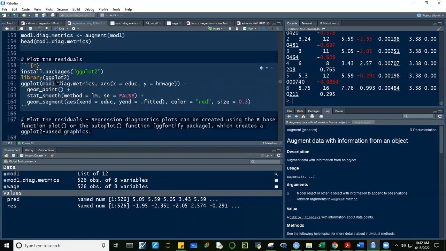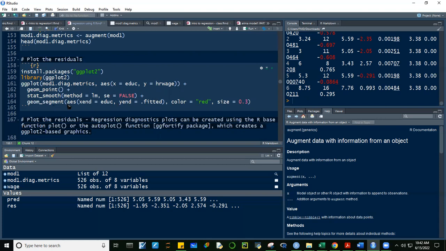I-plot natin, guys. Ipa-plot natin dito yung coming from the our model metrics. Tapos ipa-plot natin si education, tapos si hourly wage, plus using geom point. And then gagamit tayo ng stat smooth method.lm. Don't put the standard error.